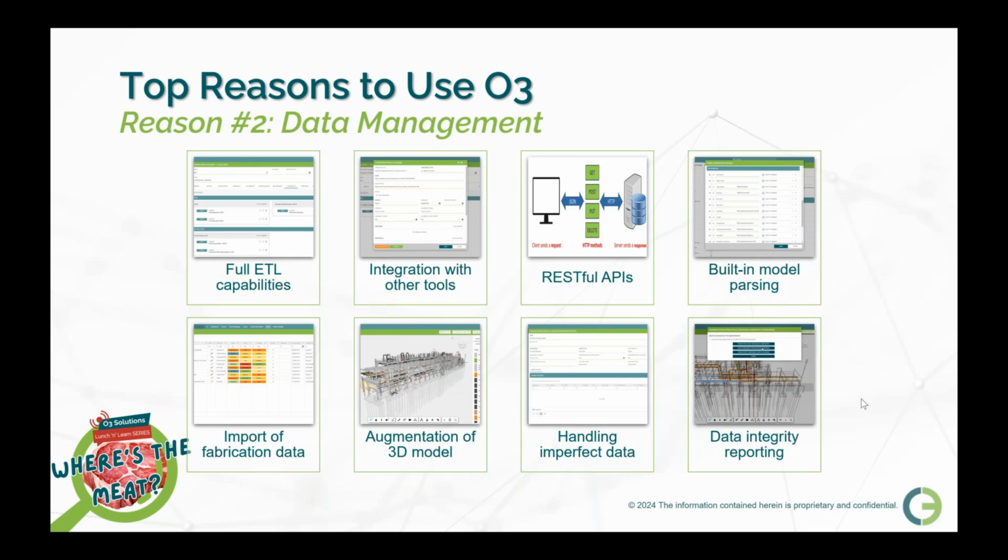Your data is always going to have things that are missing, but the beauty with O3 is we can pull data from multiple places and fill in the gaps. So if your model doesn't have everything we need, we can do that through linkage with engineering reports or other Excel-based files or other systems to fill in what we need. And we have the capability of bridging some of those gaps directly within O3.